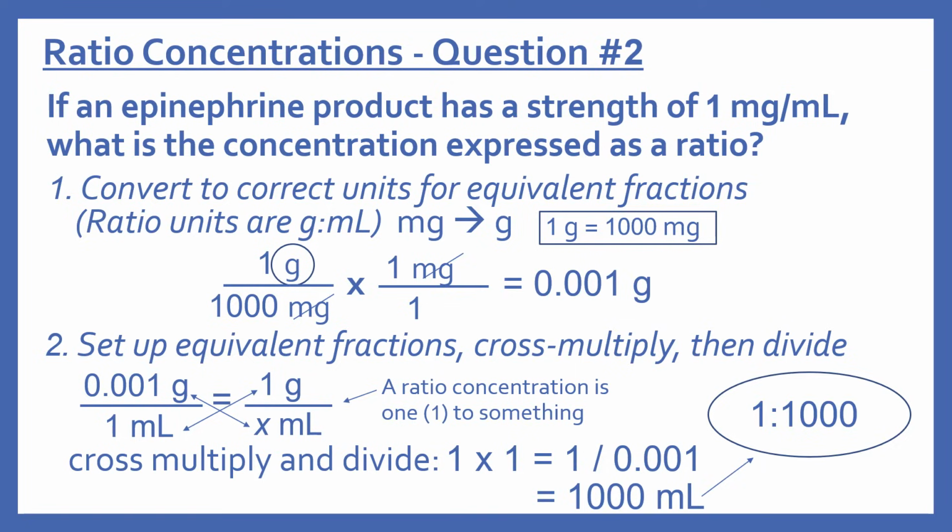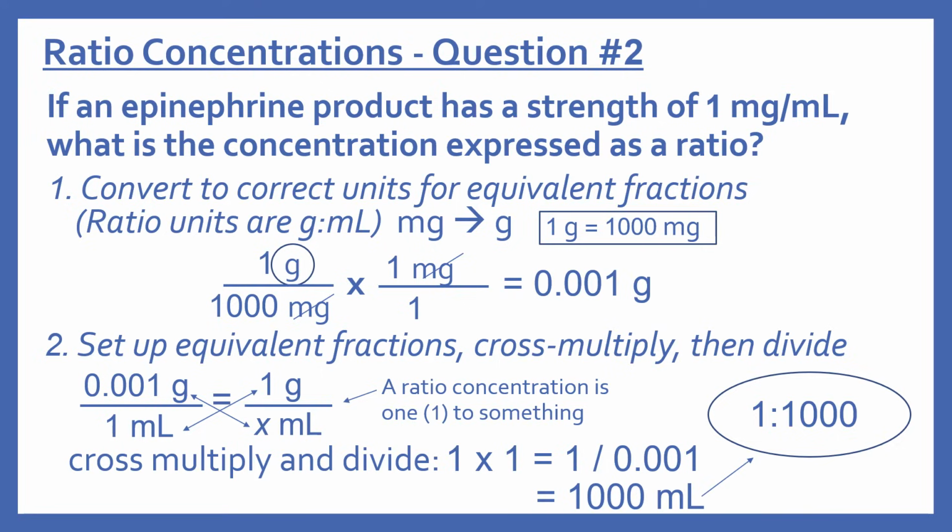So first we'll convert milligrams to grams. Remember 1 gram equals 1,000 milligrams. So we have 1 gram per 1,000 milligrams times 1 milligram over 1. Our milligrams cancel because there's one on the top, one on the bottom. We're left with the unit of grams, and that is equal to 0.001 grams.